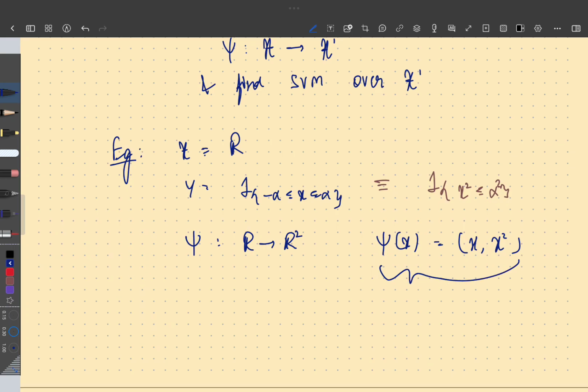So the class of linear classifiers over R2 with this particular embedding actually can achieve zero generalization error.